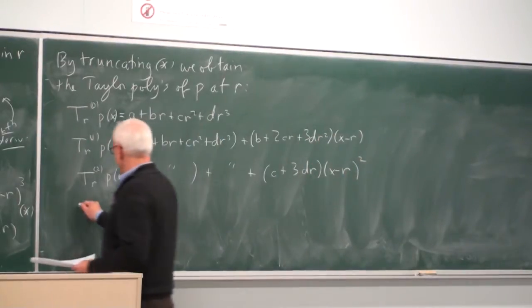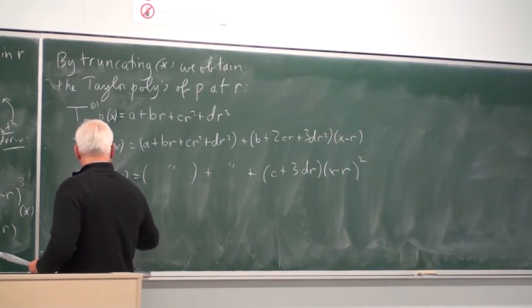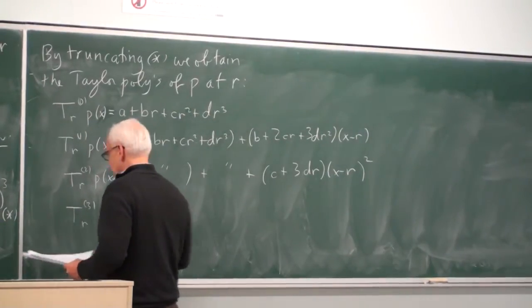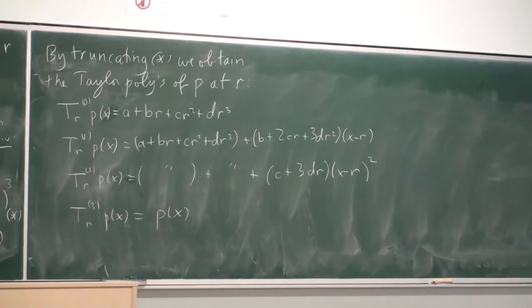And the last one, TR3 of P of X, is going to be the whole expression, so in this case just P of X, because we're dealing with a degree 3 polynomial.